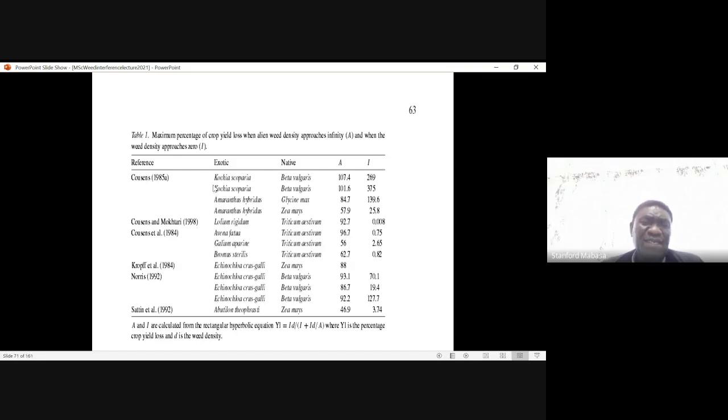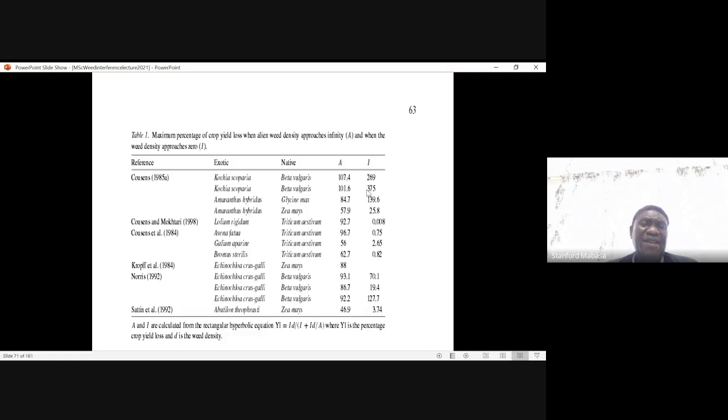So you can have this weed has got this maximum yield loss and this slope for a certain crop. So you can see Amaranthus hybridus in probably soybean and maize may differ in terms of competitive ability.